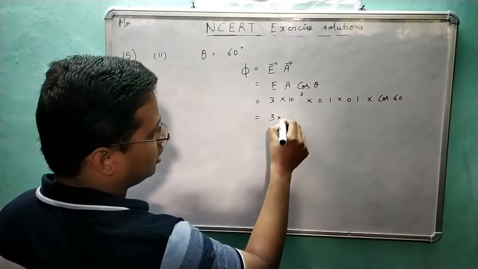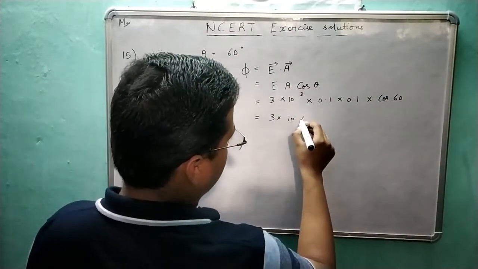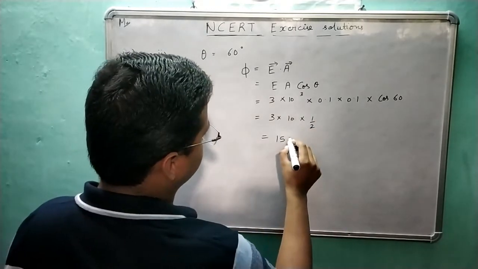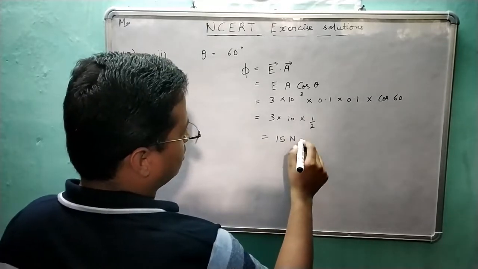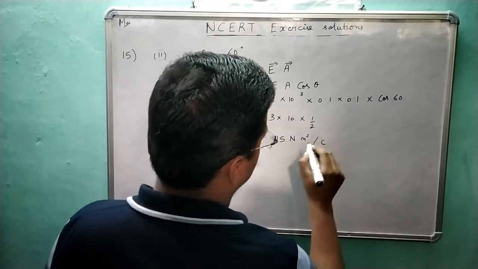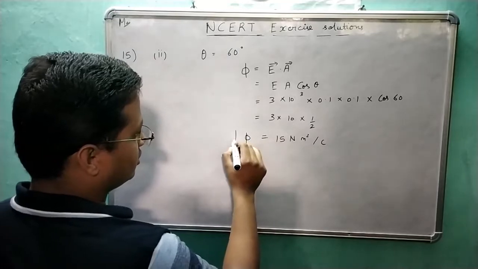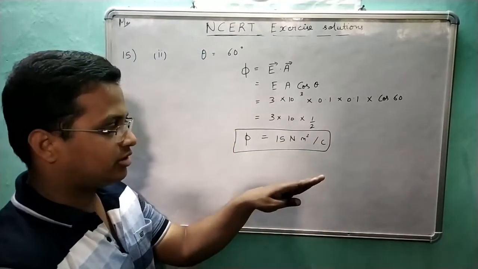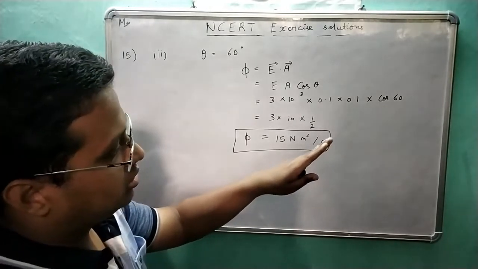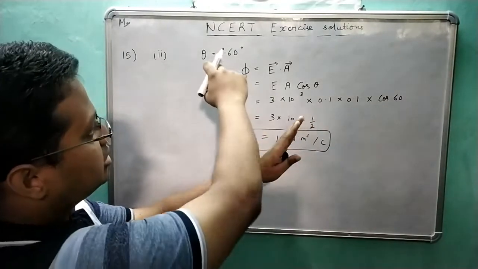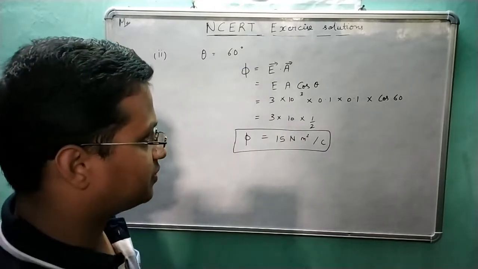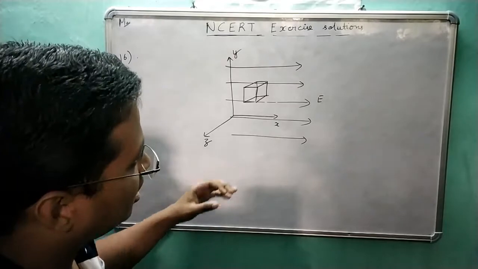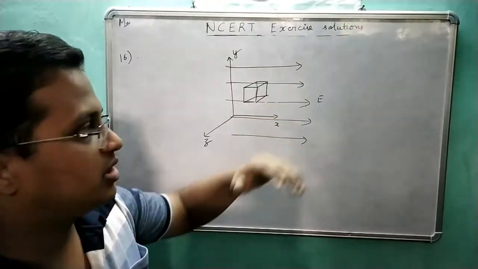So 3 into 10, cos 60 is half, so 15 newton meter square per coulomb is the flux, which will be acting if we have the area vector making an angle 60 degree with the x-axis.